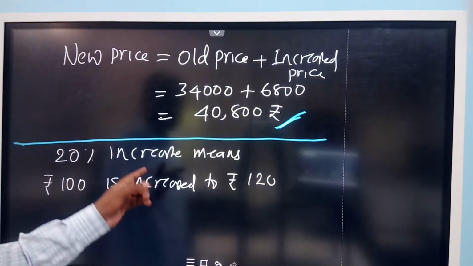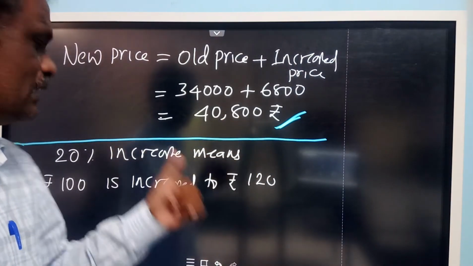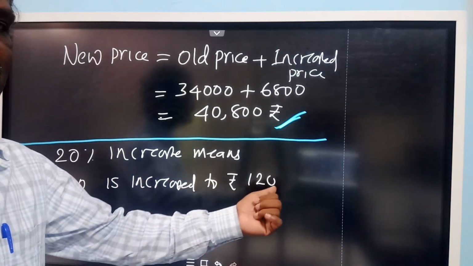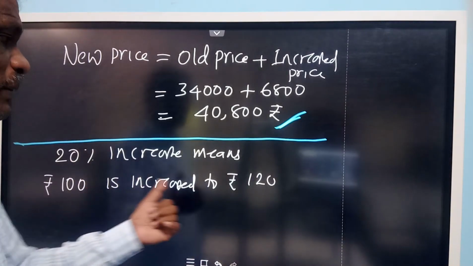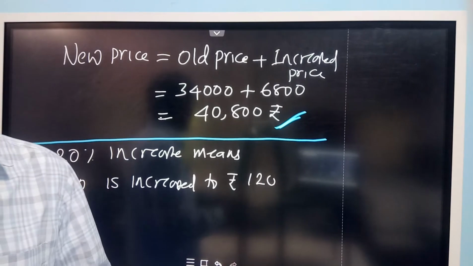That is the meaning. 20% means for 100 rupees they increase 20 rupees extra. So it becomes 120. For 100 rupees it becomes 120.